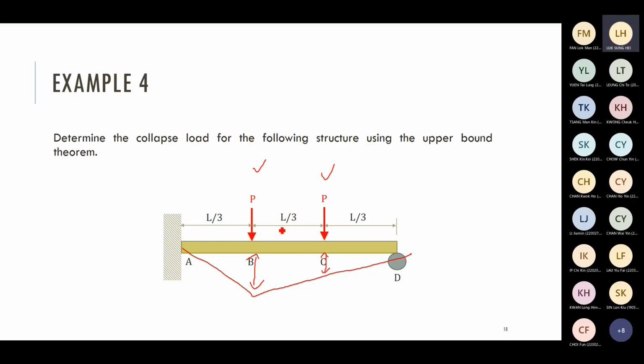They are the work done due to the two concentrated forces. So in this problem, we have to find the corresponding displacements, delta 1 and delta 2, and multiply by the corresponding forces. That will give you the total work done.